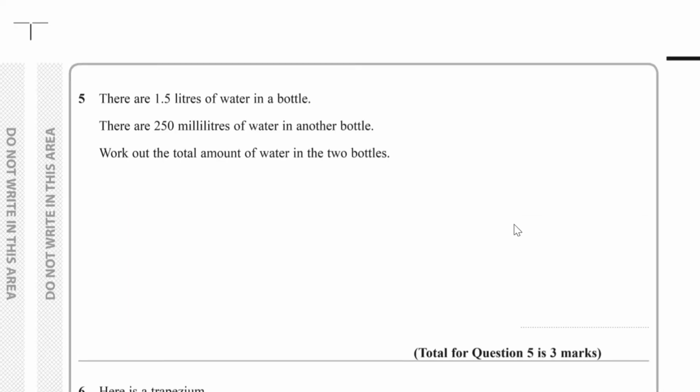Question number 5. There are 1.5 litres of water in a bottle. There are 250 millilitres of water in another bottle. We have to work out the total amount of water in the 2 bottles. Well, what we can do is convert the litres to millilitres. 1.5 litres, if I multiply that by 1000, I get 1,500 millilitres.